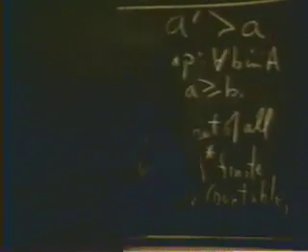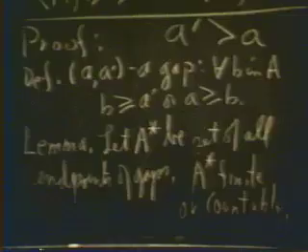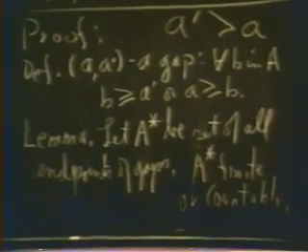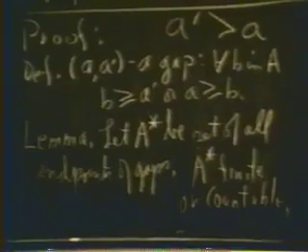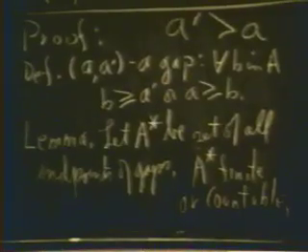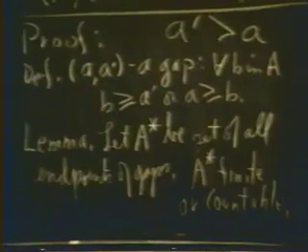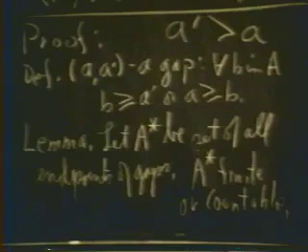We can put here a prime strictly greater than a. And in terms of that, we can now characterize the following lemma that will be useful. Let A starred be the set of all endpoints of gaps. a and a prime are, of course, endpoints of gaps. The set A starred under the hypothesis of theorem 2 is finite or countable. That's what we want to prove.